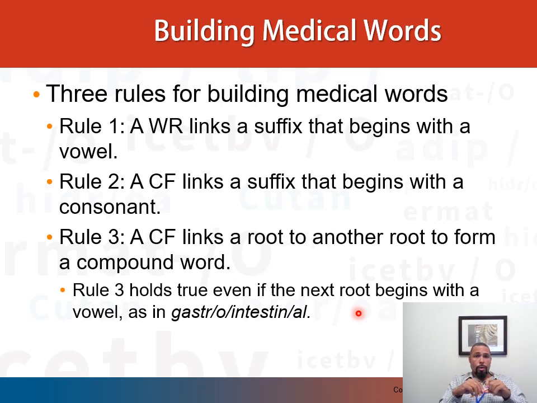Rule three holds true even if the next root begins with a vowel, as in gastrointestinal. So you can see how building medical words can get very confusing and very hard to pronounce and follow if you don't have the foundation of building medical words.